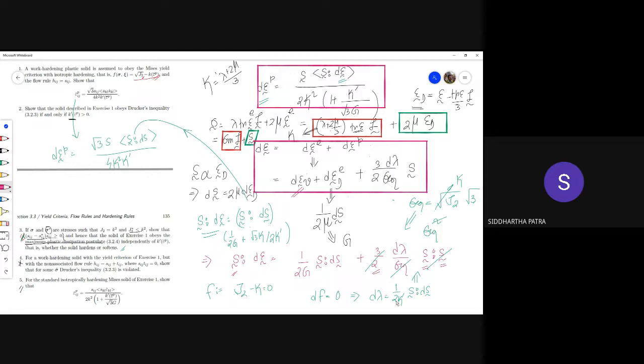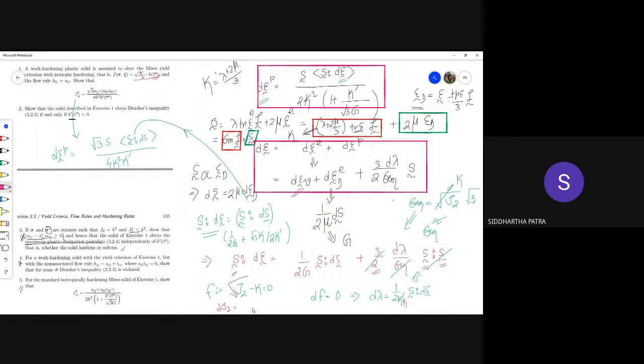Is it like d lambda was possibly k prime times k, right? Because dJ2 should be square root of J2 minus k equals 0.